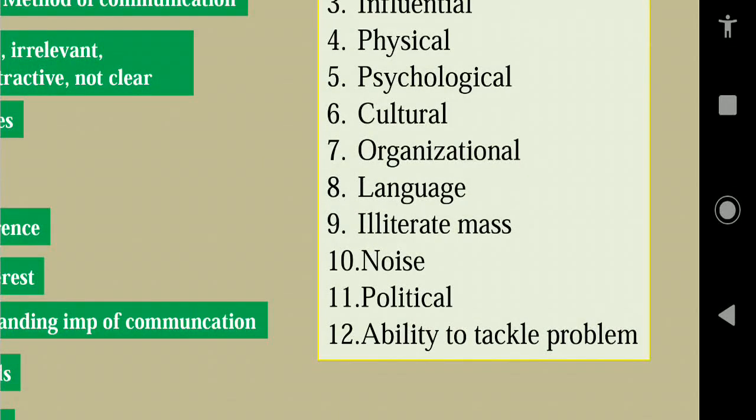Psychological problems are related to the failure to connect language with reality, and inability to articulate personal experience with that of the audience. Then we come to the cultural problem.